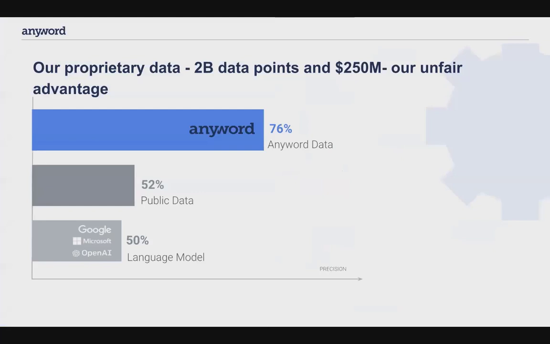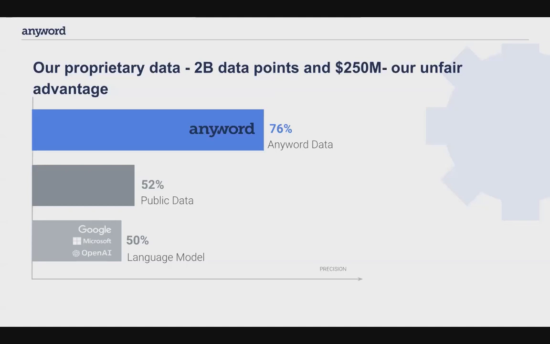And I want to talk a little bit about what's special about what we do. You might have come across text generators in your day to day. We are different and special because we have trained our AI on $250 million worth of ad spend, which means about 2 billion data points. What does that mean?